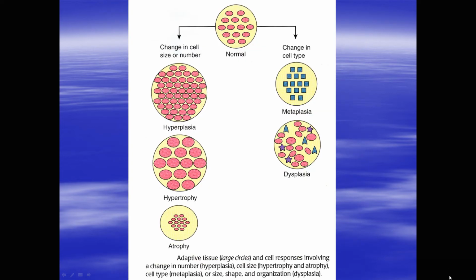Adaptive responses may include changes in size and cell numbers. For example, in hypertrophy, cells or organs demonstrate enlargement that occurs in response to increased demands, for example myocardial hypertrophy. Hyperplasia is another response.